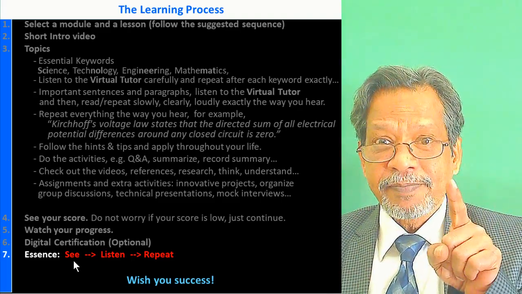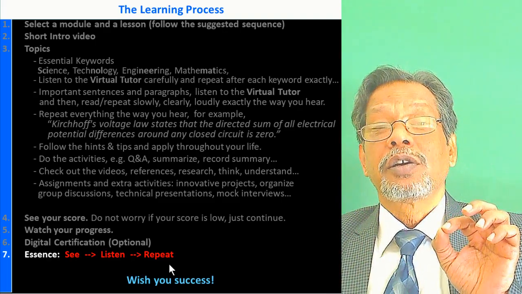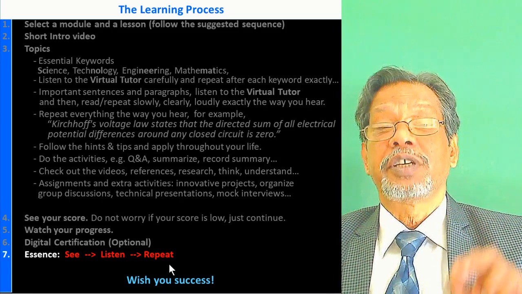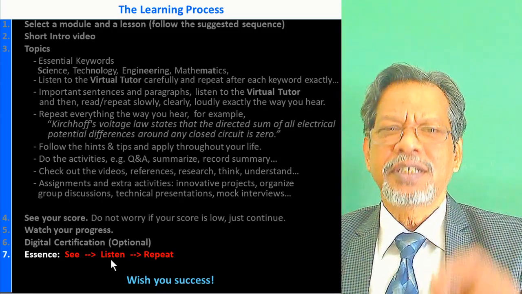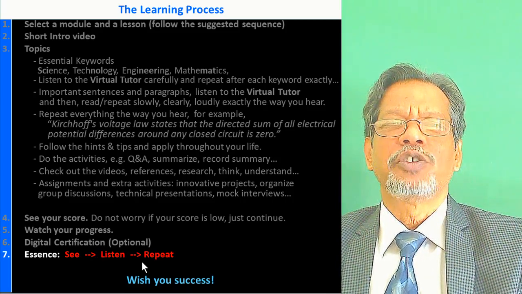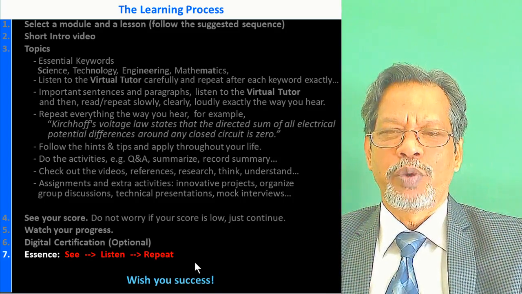You have to see, listen carefully, and repeat aloud, copying the avatar or the virtual tutor as much as possible. That's what you have to do. Listen and repeat everything that you hear, and you'll become an excellent communicator. Thank you. We wish you success.